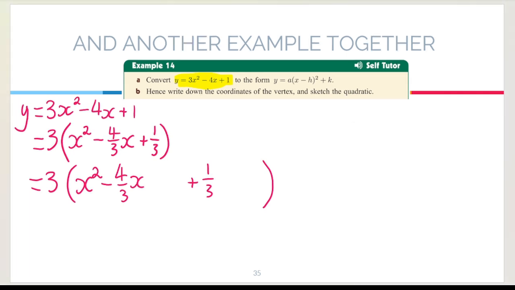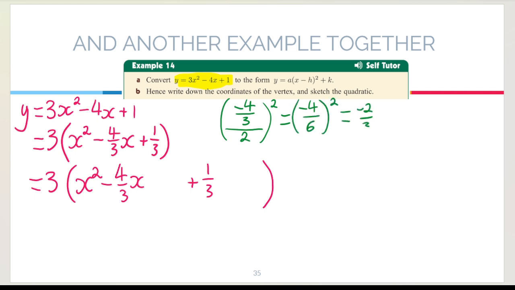The value that's going to go there is going to be related to this x term. So we know that it's going to be (-4 on 3) all divided by 2, squared. That's going to turn into (-4 on 6) squared, which is going to turn into (-2 on 3) squared.